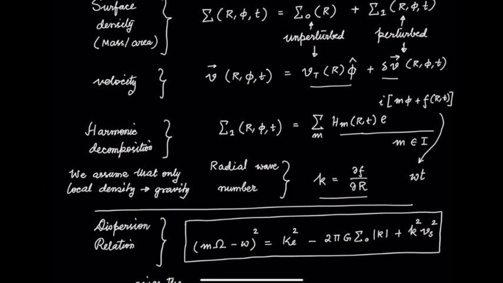So this was done by Lin and Shu. So this is called the Lin-Shu hypothesis. This works quite well. So if I'm looking at one part of the arm, I just need to count the density at that location.